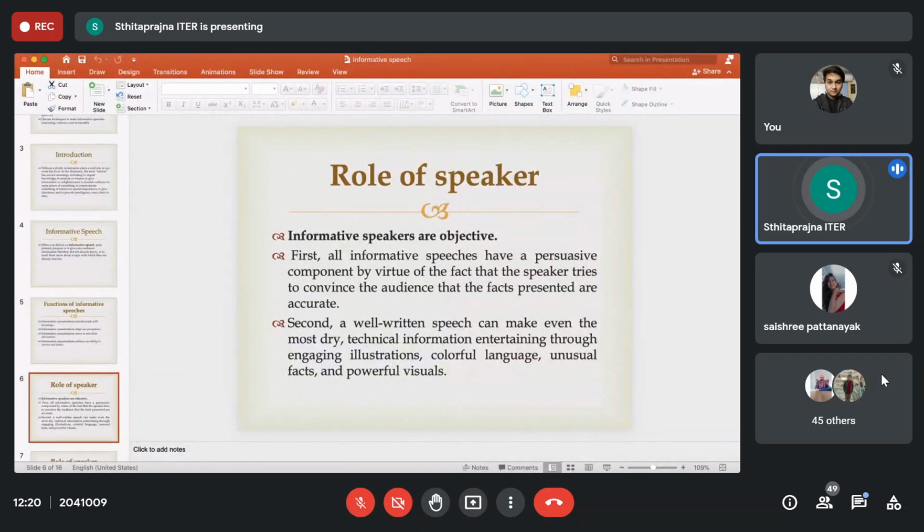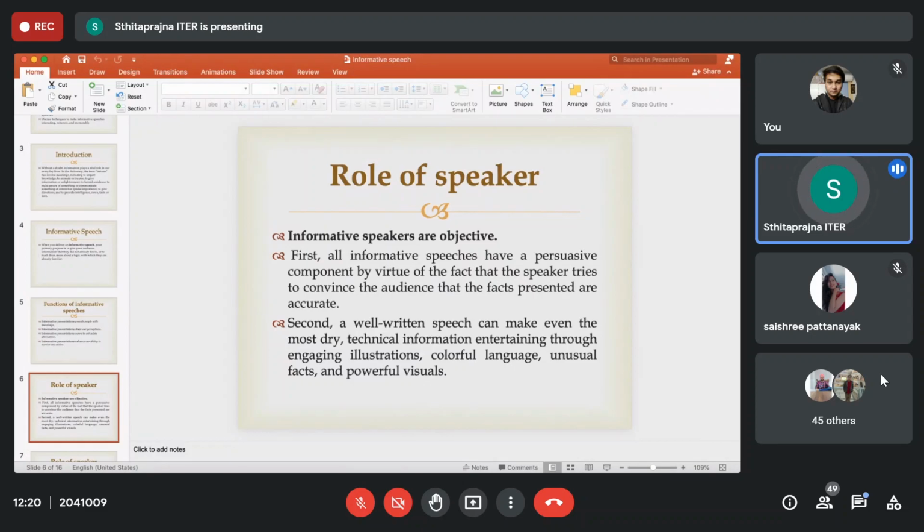You have to focus on facts, data, statistics. And you have to somehow convince your audience that the facts and data presented in your speech are accurate. This could partly be possible with your impression with your audience, with your relationship with the audience, if they really trust you.